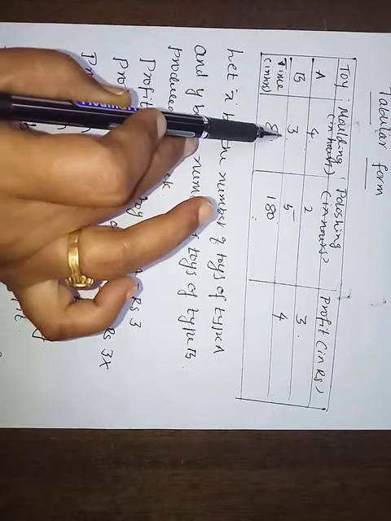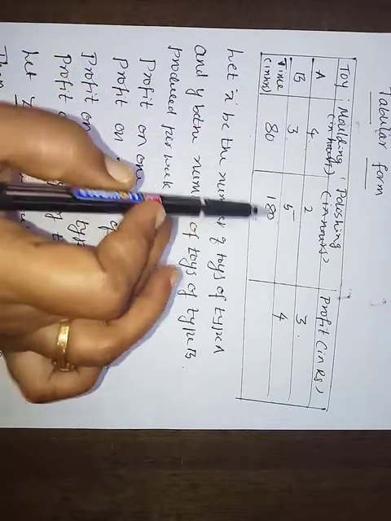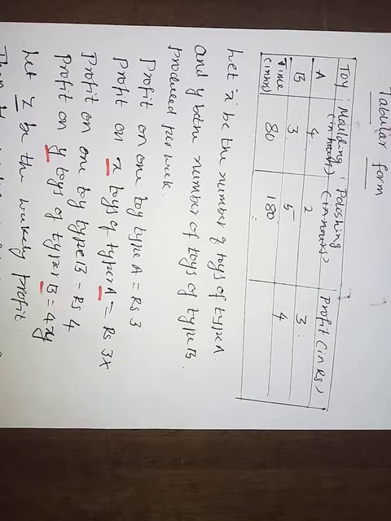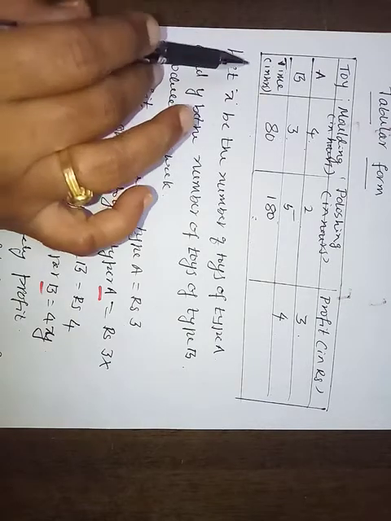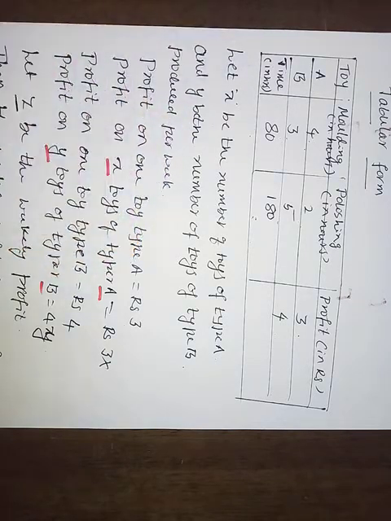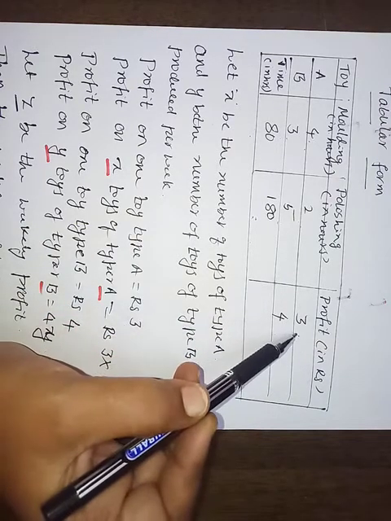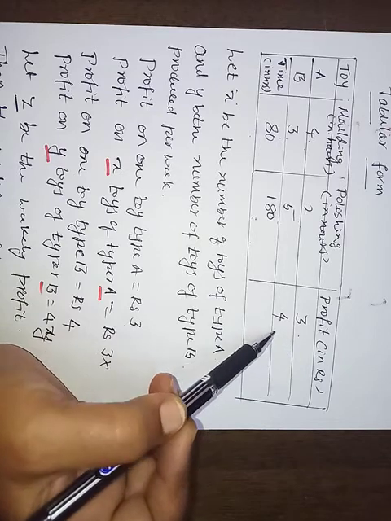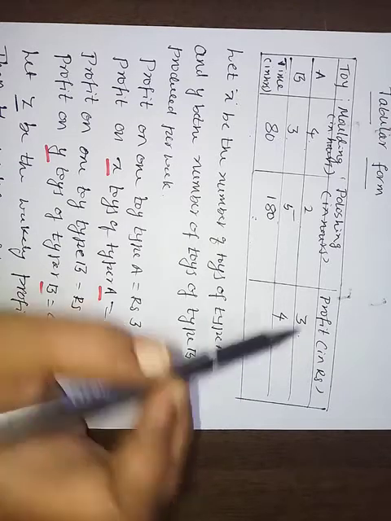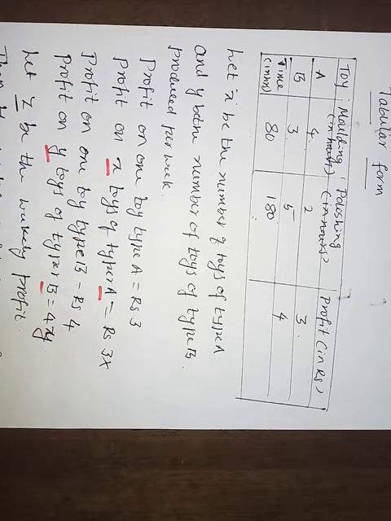B takes 3 hours molding, polishing 5 hours. In a week, the maximum hours available are 80 for molding and 180 for polishing. Profit of toy A is 3 rupees and B is 4 rupees. Everything is given and we have converted it into tabular form.